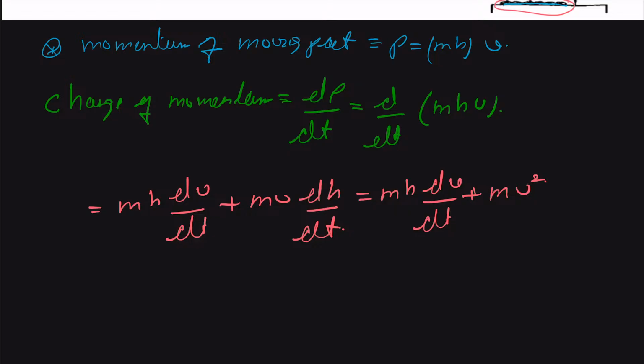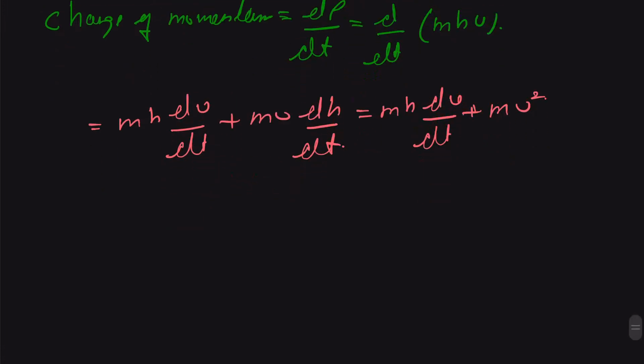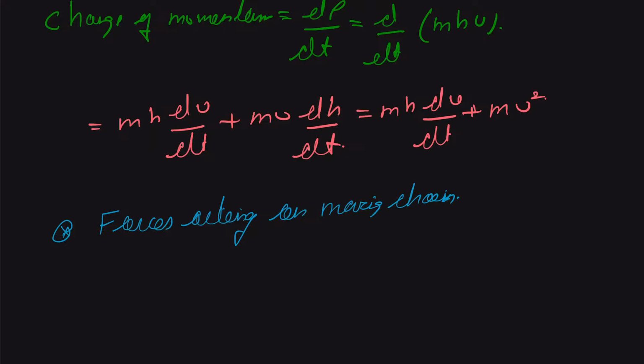Okay. And now we are going to find out the forces acting on the moving chain. And in this case, we have to remember that we are going to use the formula forces is equal to dp by dt. Okay. Because this is basically variable mass.